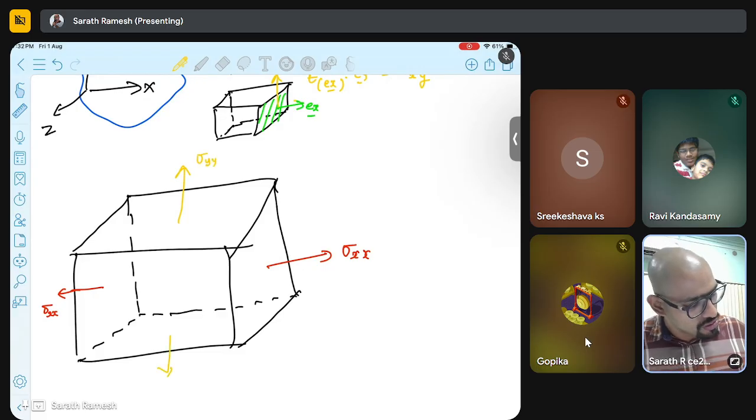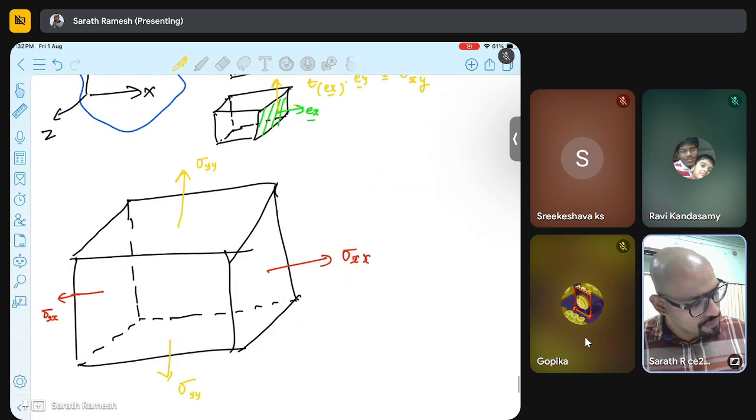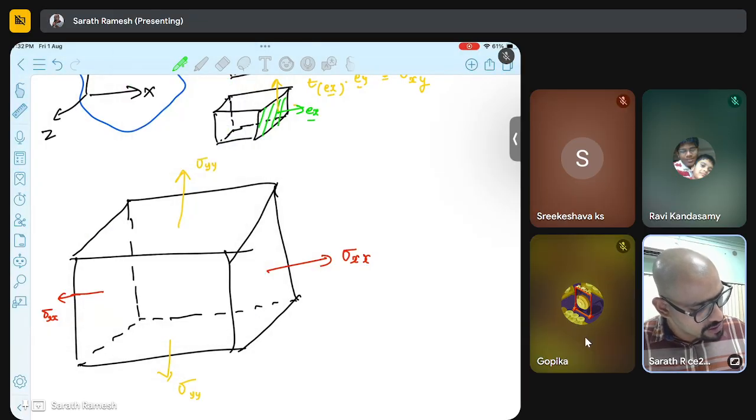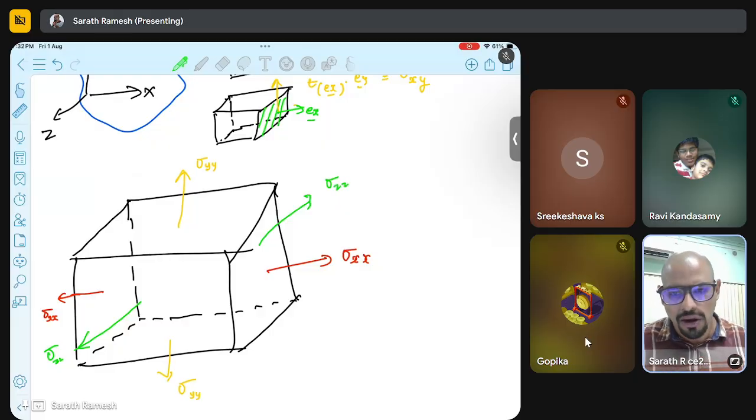Similarly, this is also sigma yy. And how about this, which is coming out of the screen? This is sigma zz. Similarly, going inside the screen, sigma zz. Okay, these three are normal traction.